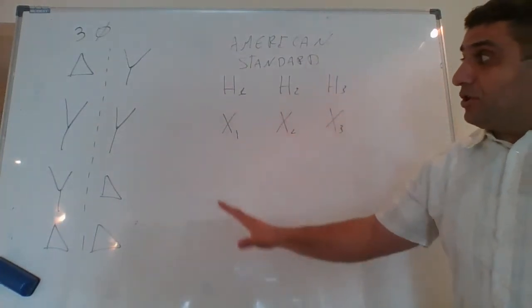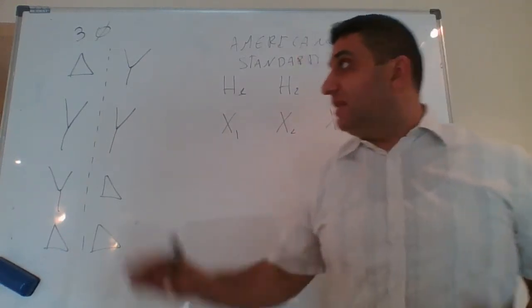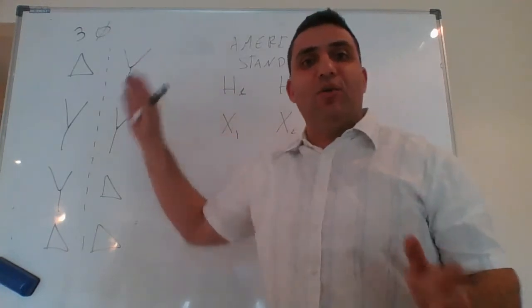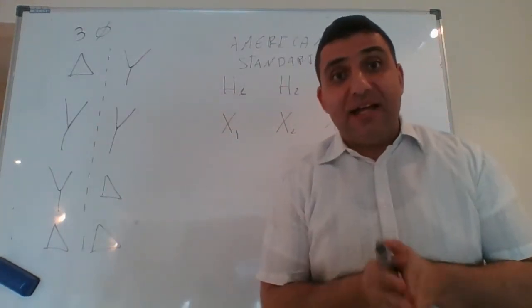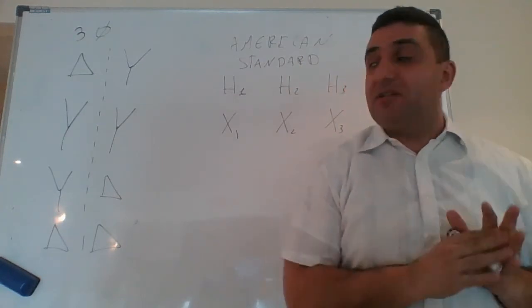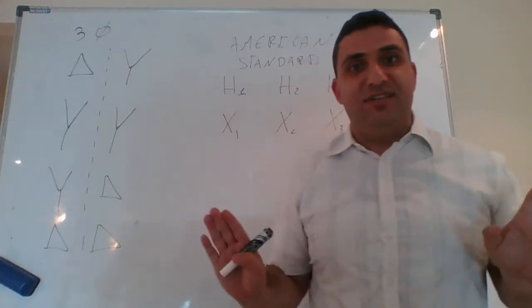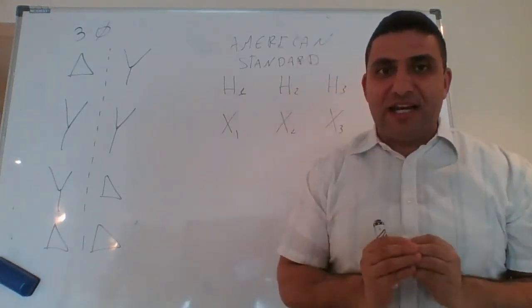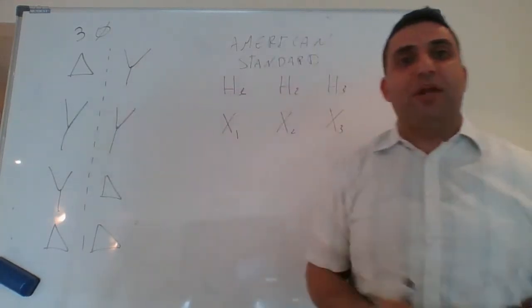Let's take a moment to digest this information. What we studied in the previous chapters regarding the power system, delta Y, Y delta, and all the circuit analysis that we did for a three-phase system is still valid. Nothing will change. Same circuit analysis, same calculations will still apply.